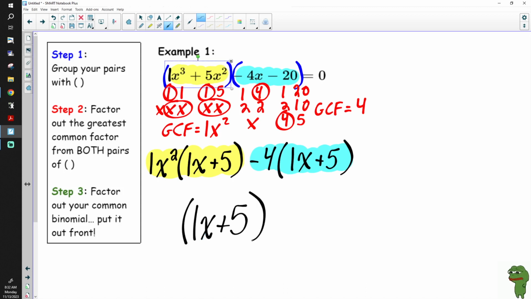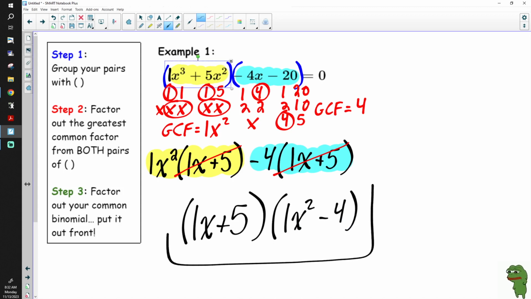And what's left over after we take this out, put it out front, took this out, put it out front? The front numbers: 1x squared minus 4. That is factoring. All done, that is factoring by grouping.